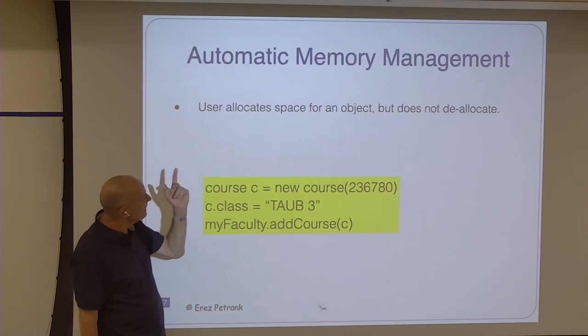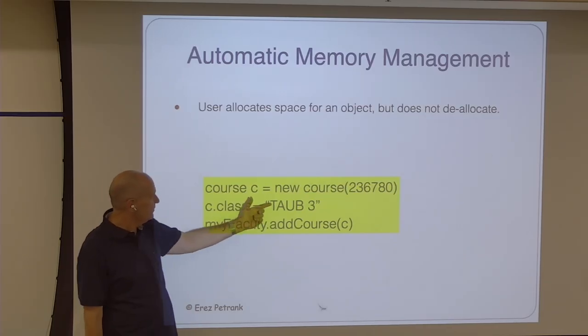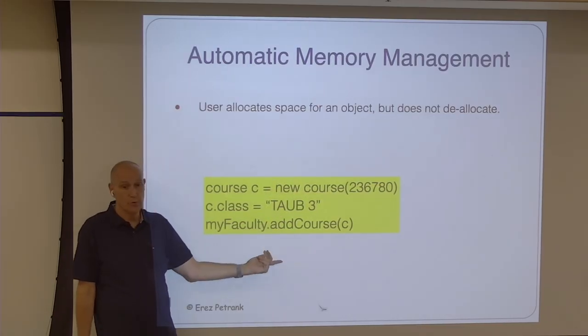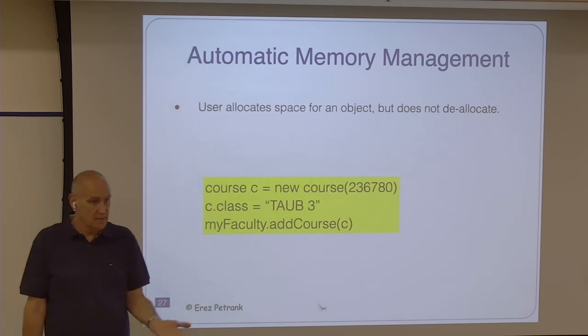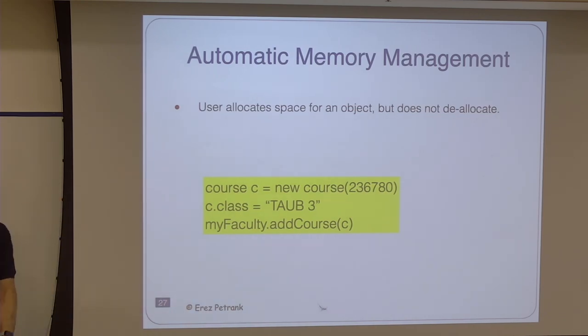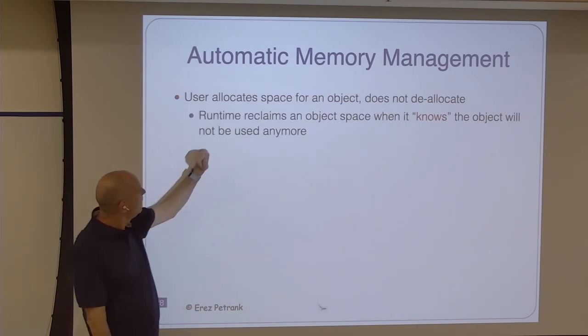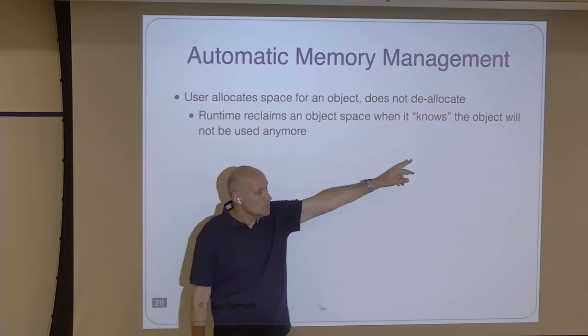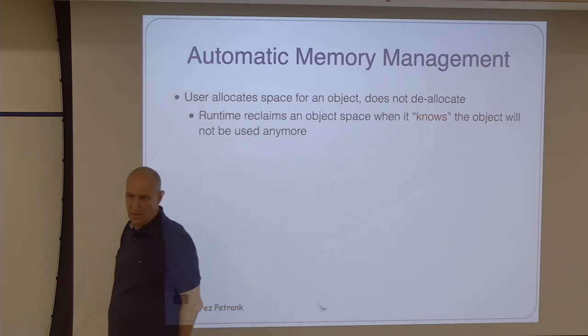Okay, so automatic memory management is when you allocate space for an object, but you don't have to free it. You just do something with it, and then eventually the system knows. So the runtime reclaims an object if it knows the object will not be used anymore.